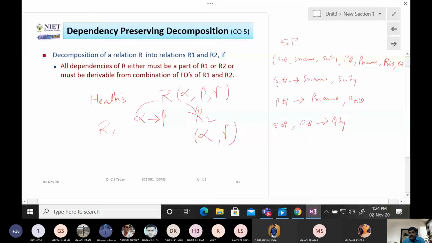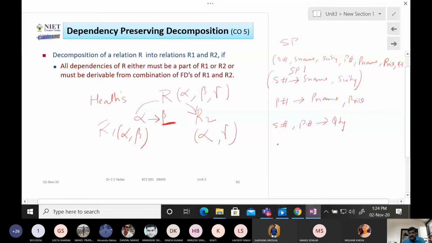Then for this functional dependency, suppose we have alpha determines beta. Beta is a set of attributes, not a single attribute. So beta is S name, S city, and S number is alpha. Then we decompose this relation into S number, S name, S city, which is alpha beta. So we combine all the attributes into SP1.